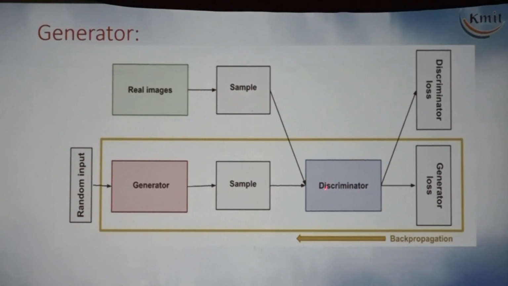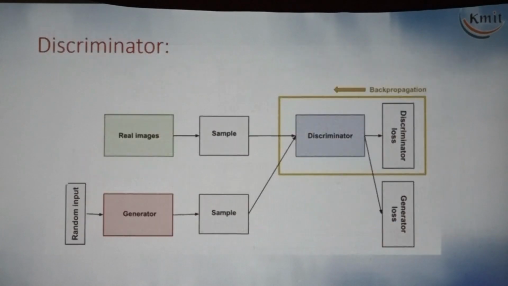The discriminator loss is already created, plus this one also should be considered. So in this generator model, you have to consider the discriminator loss and the total loss for the backpropagation. So the generator loss includes both the generator and discriminator parts. The discriminator loss includes only the discriminator loss. Hope you understand, right?